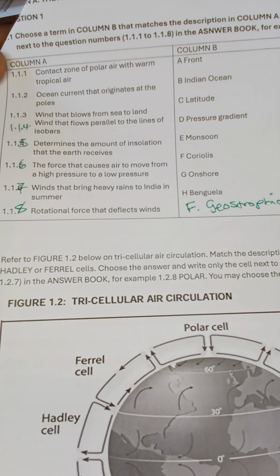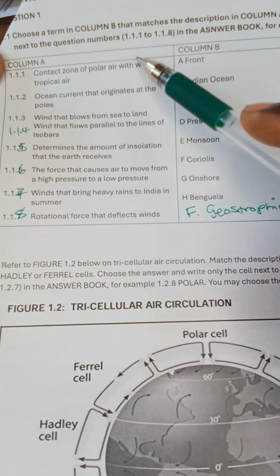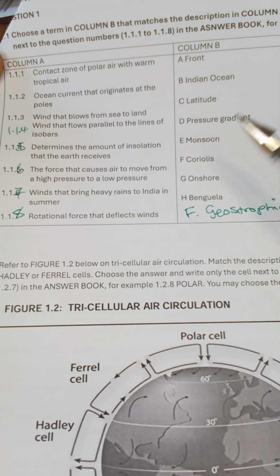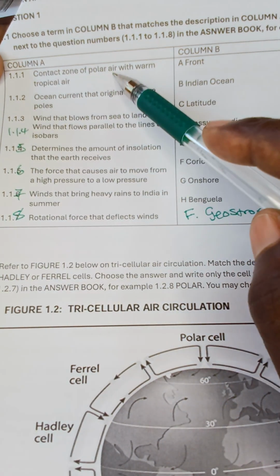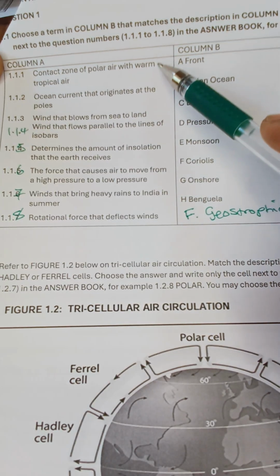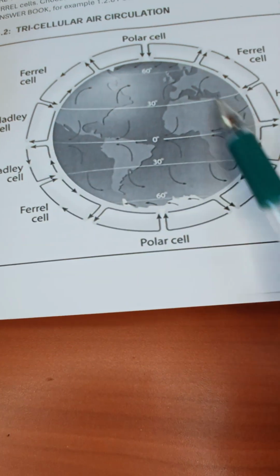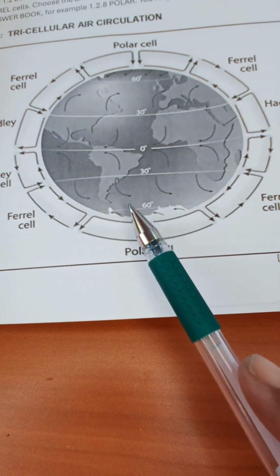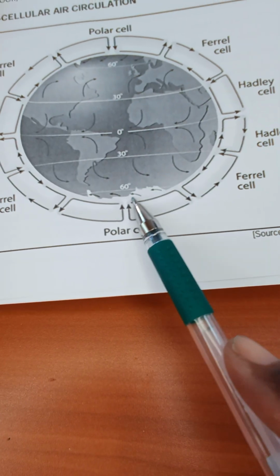Okay, let's go through the question. A contact zone of polar air with tropical warm air. So we are saying now a contact zone of polar air with warm tropical air. I'll give an example so that at least you can have an idea. When you're looking at this diagram of the global air circulation, remember we have got polar air from the polar high.